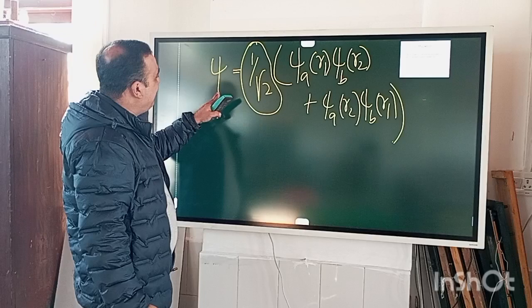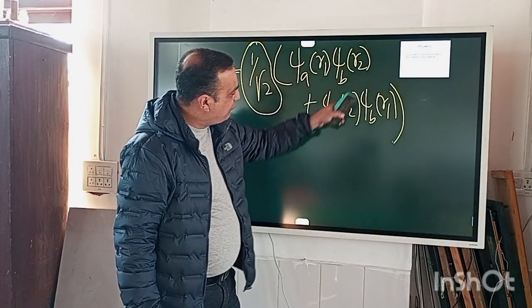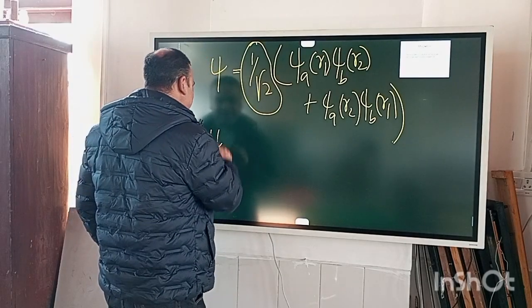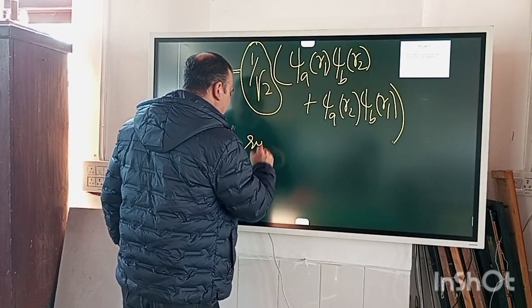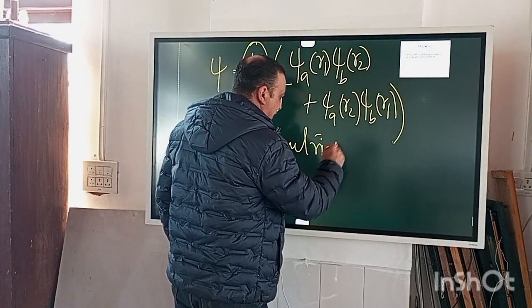If psi is 1 by root 2 times the addition of the two products, then this psi is a symmetric wave function.